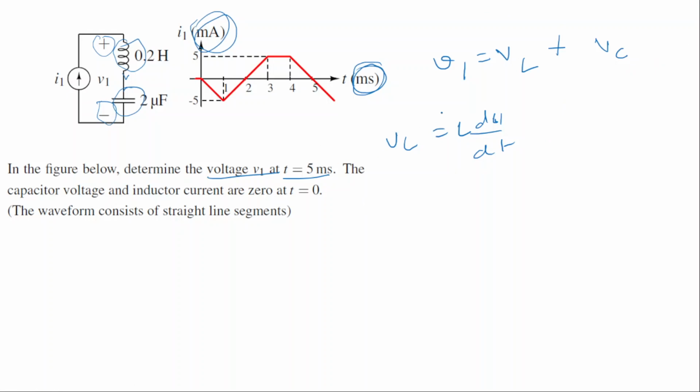So to calculate the voltage we need to find the slope. What is the slope at this point at 5 millisecond?